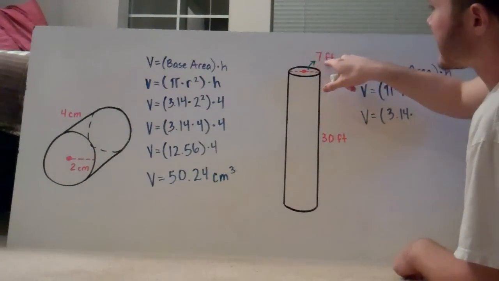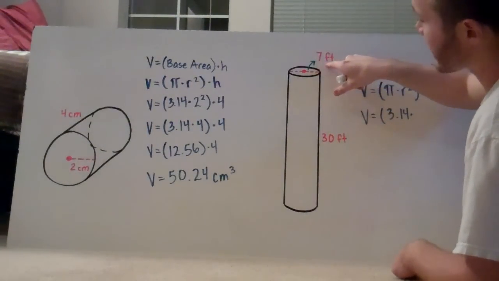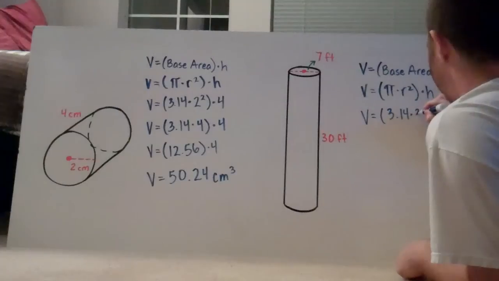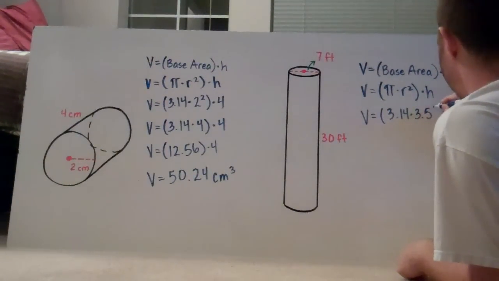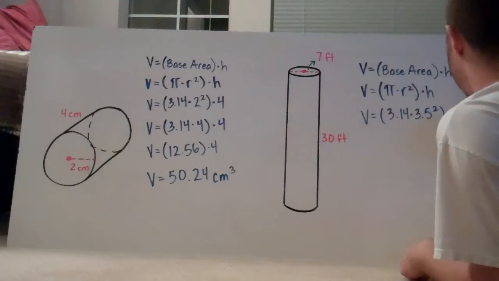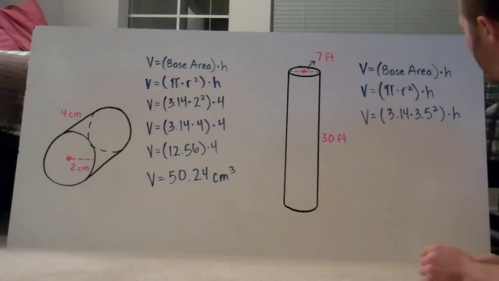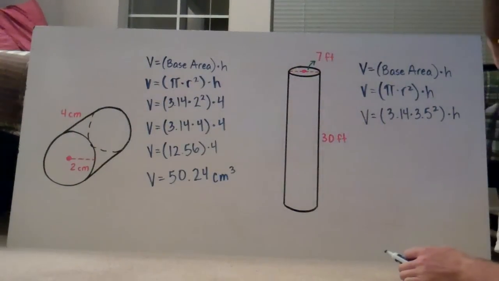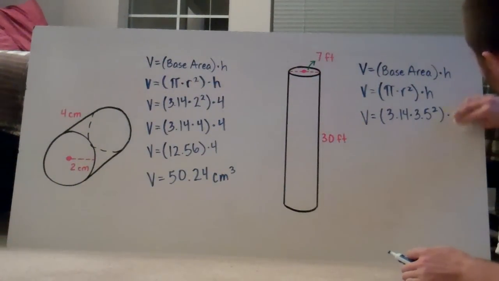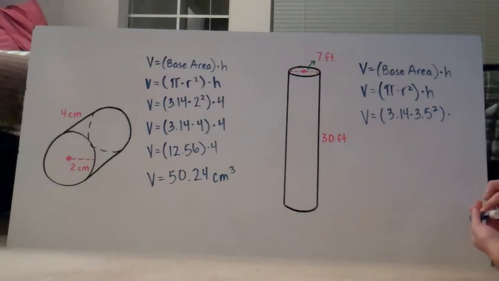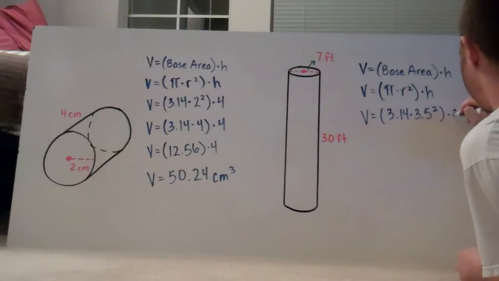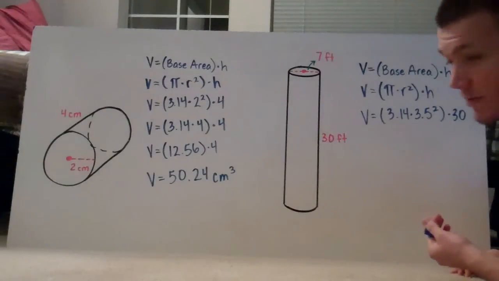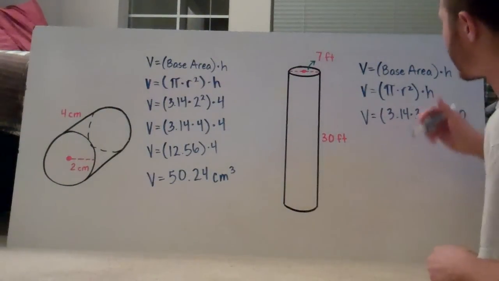The radius is half the diameter, so if the diameter is 7 feet, the radius is 3.5 feet. And then, oh, not times h. Times what h equals, 30. Okay. 3.5 squared. When you do that, you should have gotten 12.25.